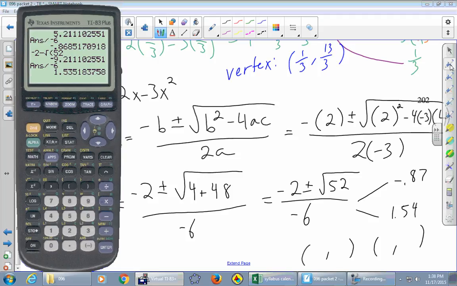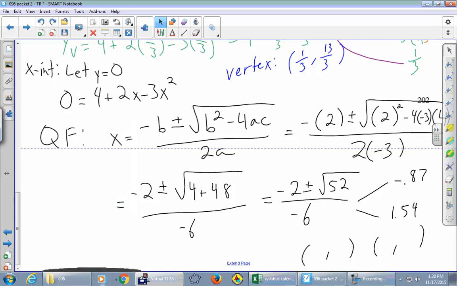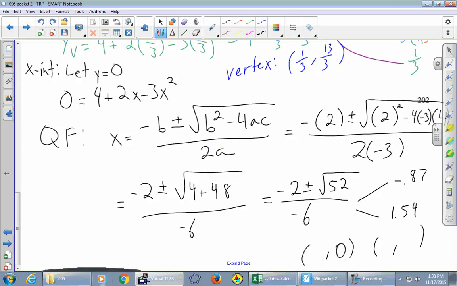Okay, I'm a big fan of writing both coordinates of any point we're interested in. These were X-intercepts. Remember the very first thing that we did was let y equal 0. So where does the 0 go in my points? X or y? 0 is the y, right?